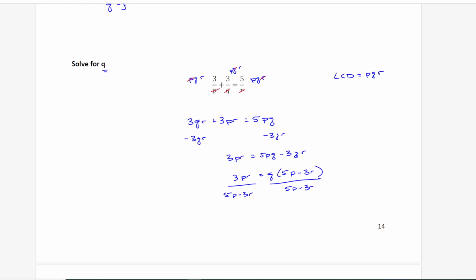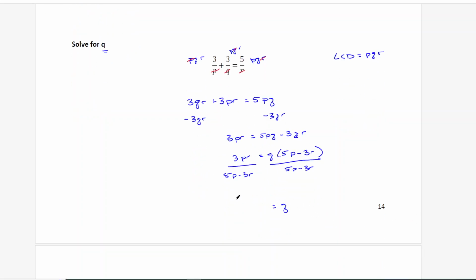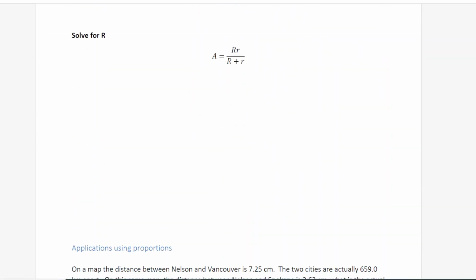So my answer for Q will be 3PR divided by 5P minus 3R. It's really important when you solve these that there is no Q over here. Q equals all the other variables, but not Q. All right, let's try a few more. Actually, I think one more.